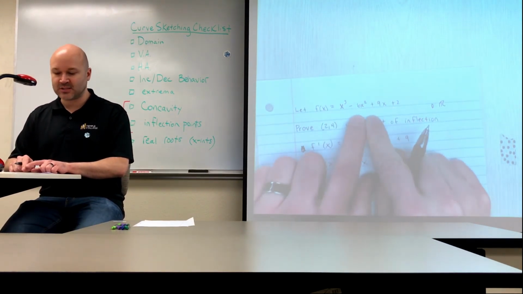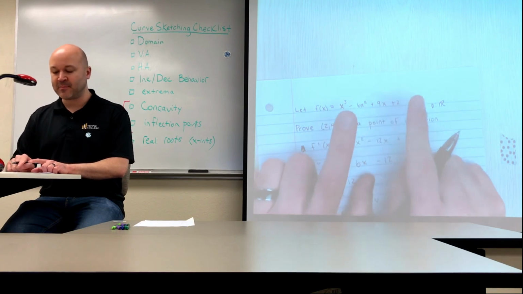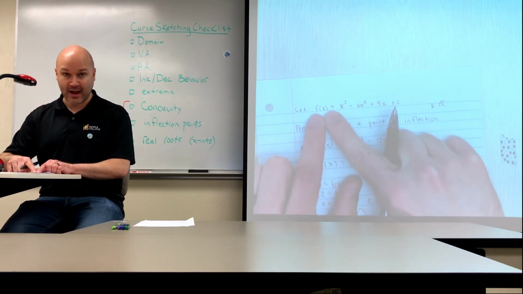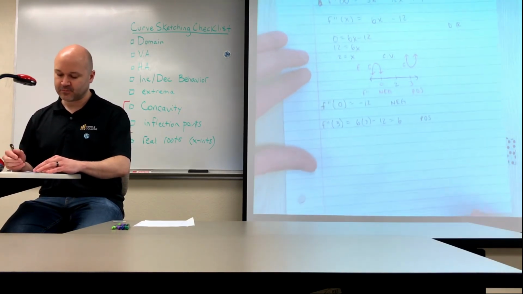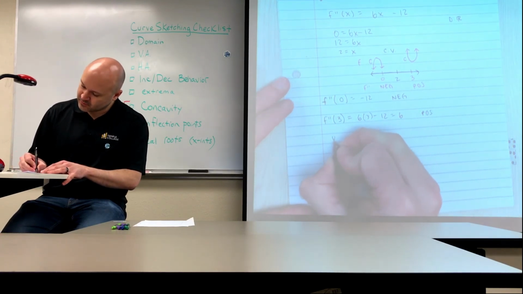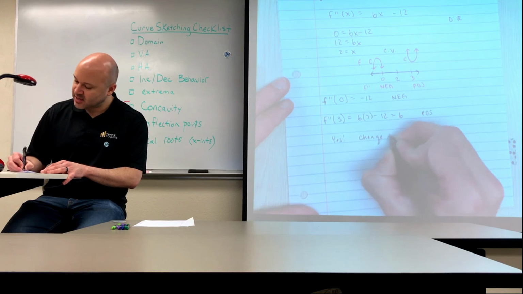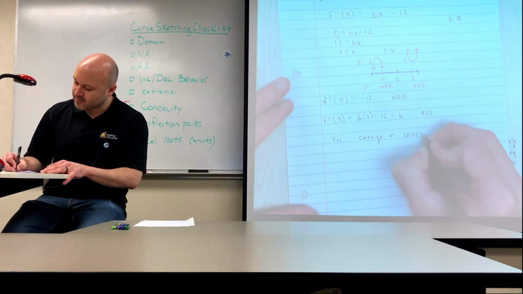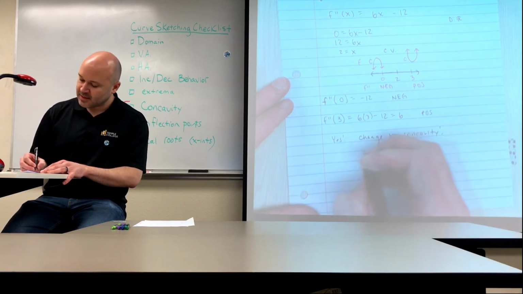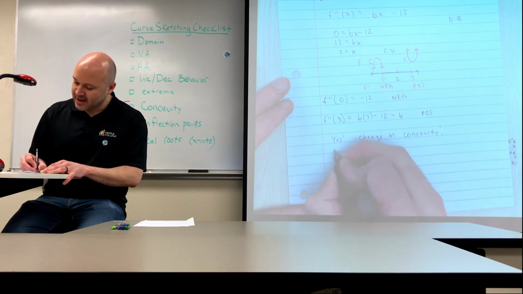The original function is an xy machine. If I plug in x, it should spit out a y, a coordinate. I'm just saying here, yes, there's a change in concavity. That means we've got an inflection point.